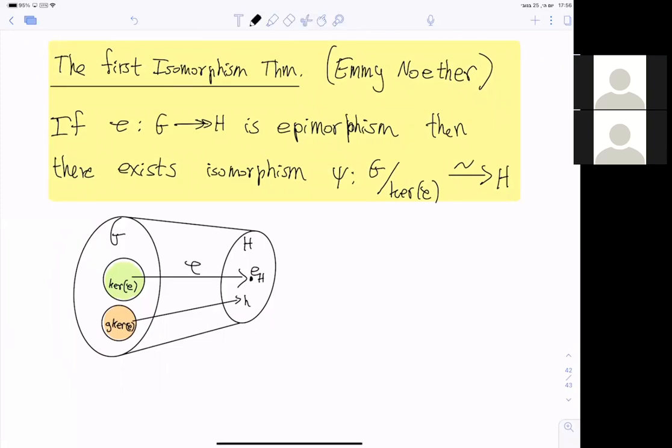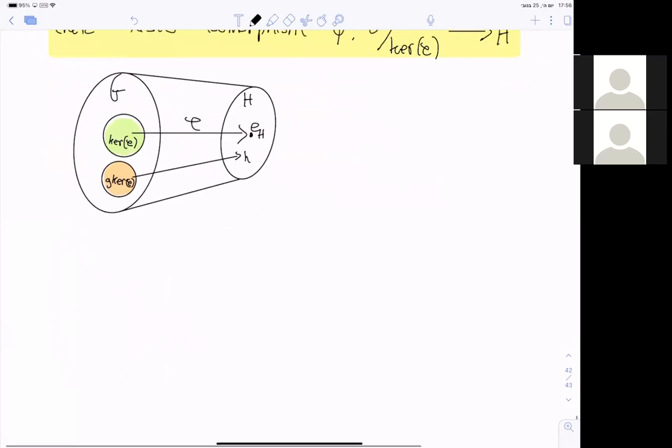So, proof. And in the proof, we're going to recall some things that we have seen. Okay.